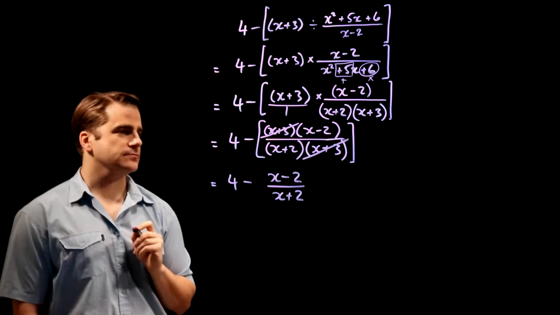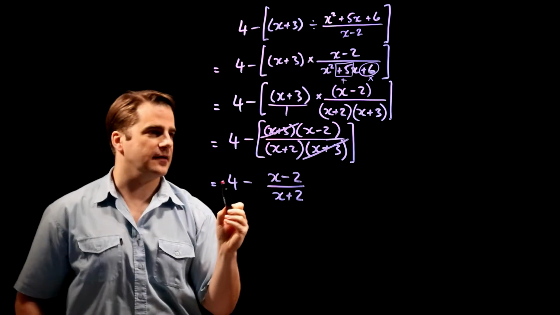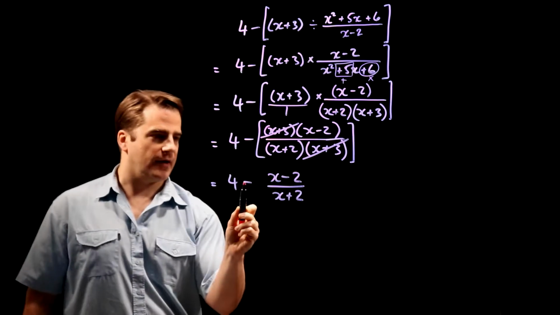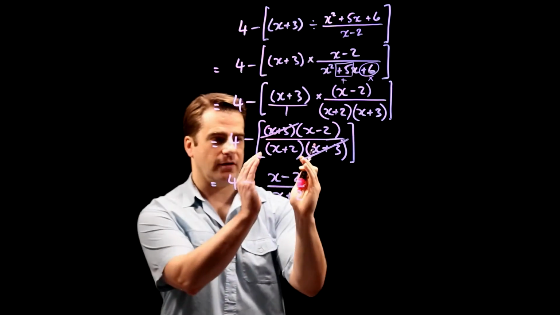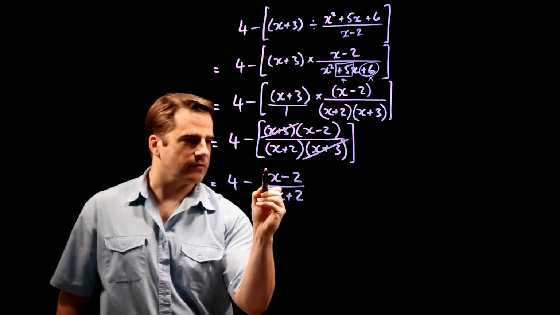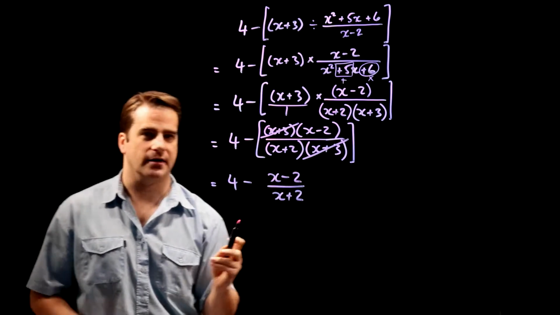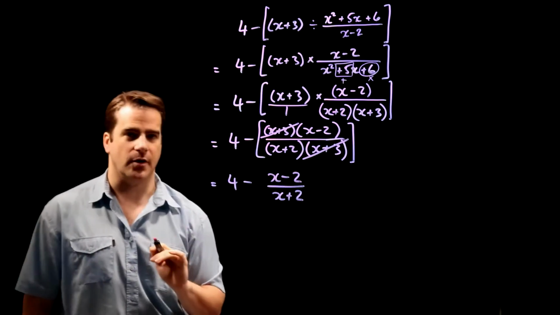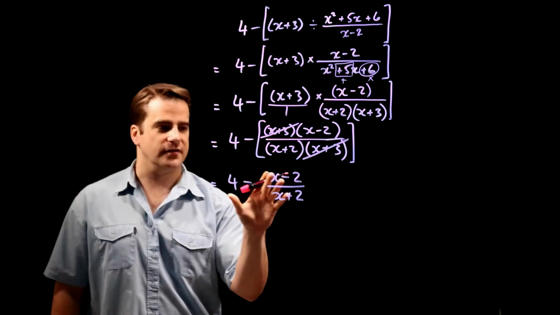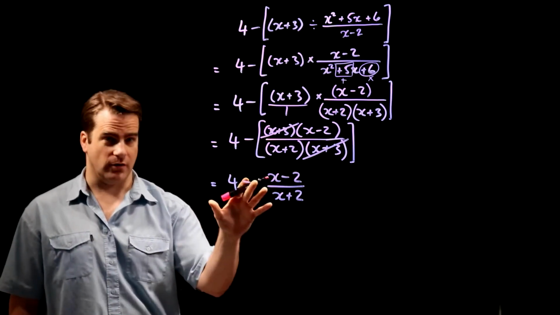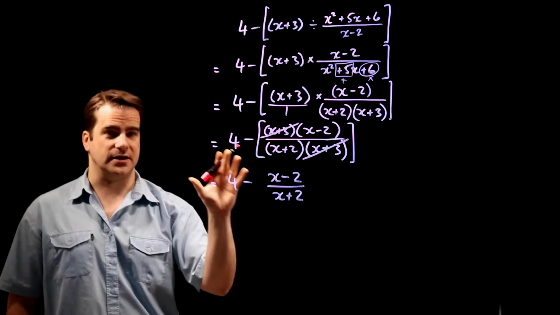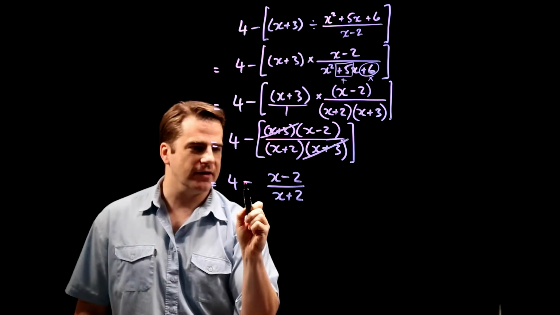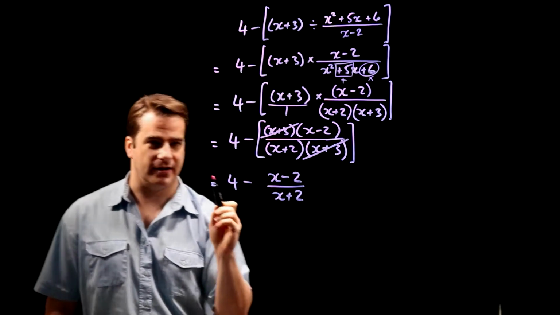Good. That minus, okay, is multiplying the whole thing. That minus there is multiplying all of this. So you could put brackets around the top if you like, that's fine. I'm going to leave it like this for the moment. But this is where people go wrong. If you're going to make a mistake in this question, it's going to be here. Don't let that minus sign drift up here in front of that x.